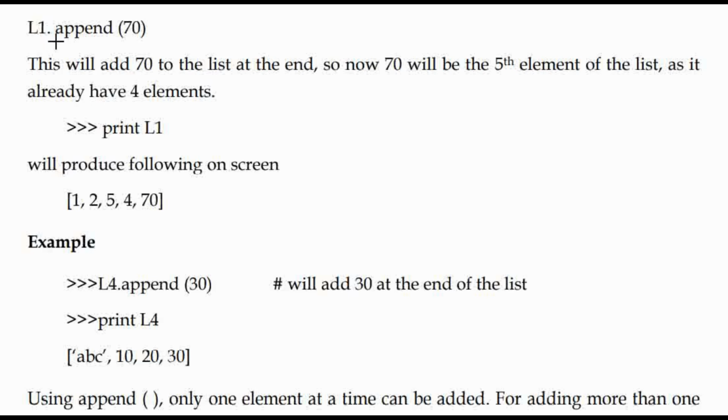L1.append(70). This will add 70 to the list at the end. So now 70 will be the fifth element of the list, as it already has 4 elements. print(L1) will produce the following on screen: 1 2 5 4 70.